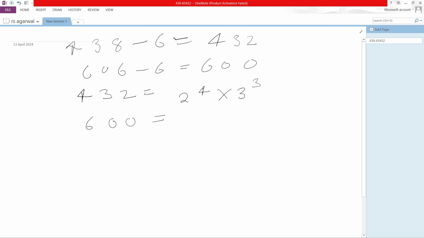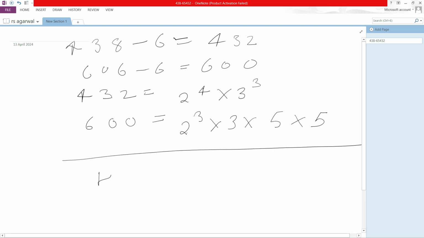Next is 600, which is equal to 2 cube into 3 into 5. So the HCF is equal to 2 cube into 3, equal to 24.